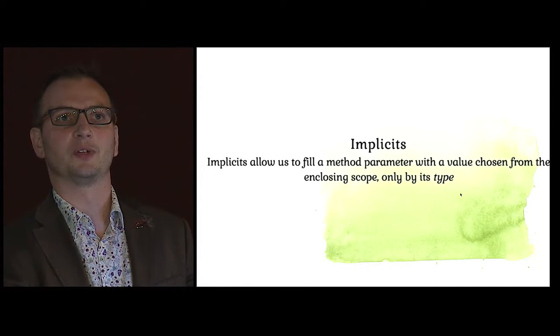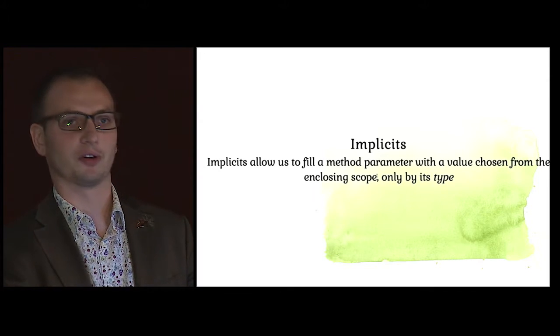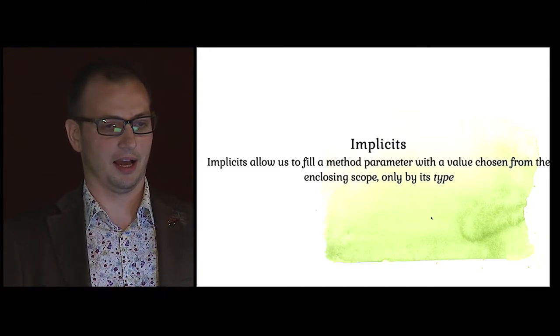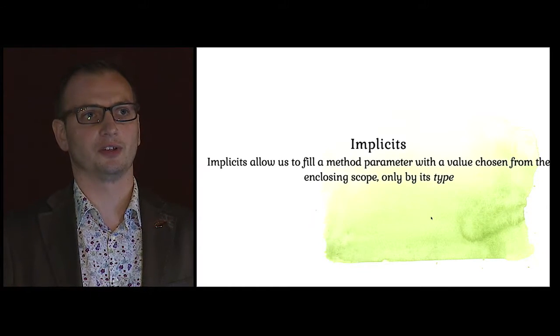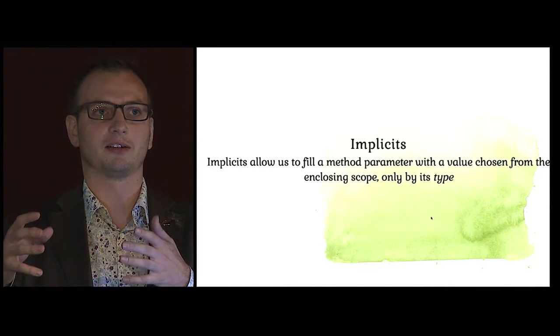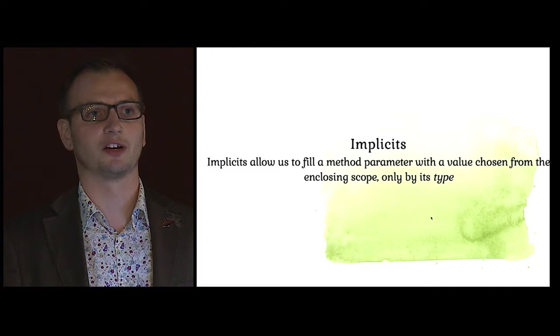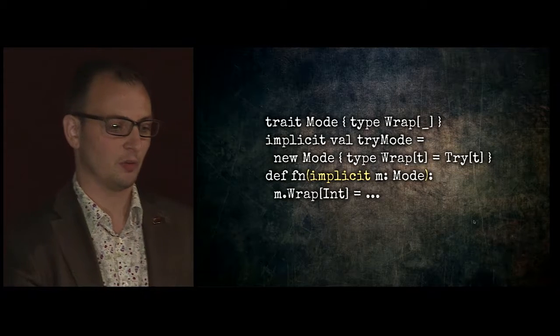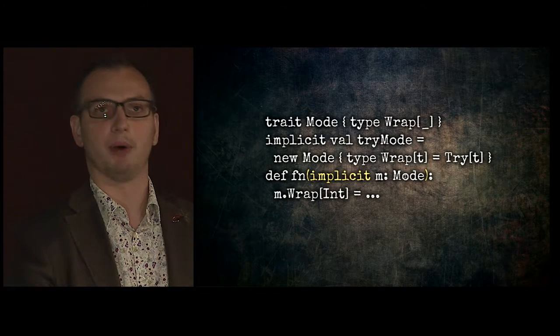And finally, implicits, which I'm sure everyone is familiar with, but maybe not completely familiar. These let us specify a parameter, not so much explicitly, but by grabbing it from the surrounding scope by its type. So we want to get a mode.